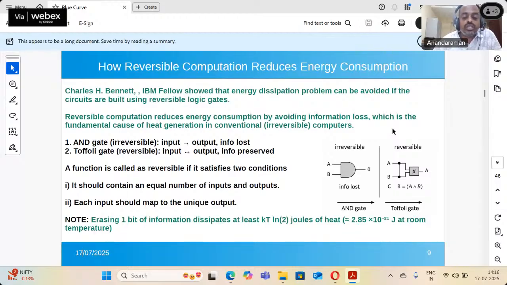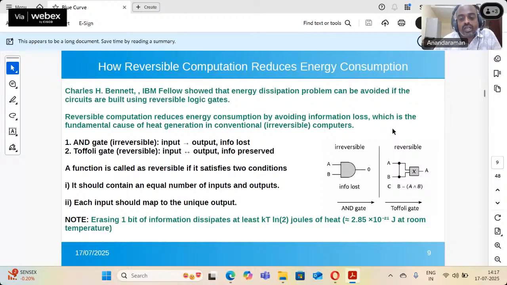Physically, if you see, each input gets some voltage, for example plus 5 volts. That means two inputs, 2 into plus 5 volts, around plus 10 volts is going in, but the output is plus 5 volts only. So 10 volts is given as input and in output you are getting 5 volts only.